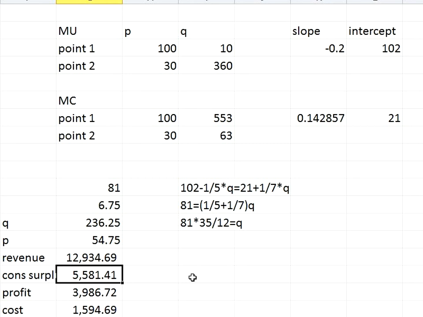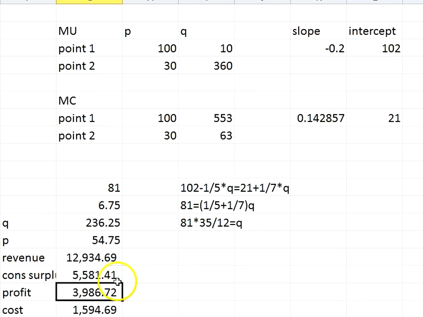$5,581. In a similar fashion, we can compute the profit. Profits are the difference from the intercept for the marginal cost, which is 21, to the price. The price is 54.75. So we compute that difference, and then we multiply that times the number of products that we sell, 236.25, and again divided by 2 because it's a triangle, and that gives us a profit.